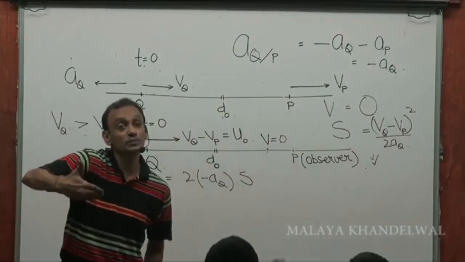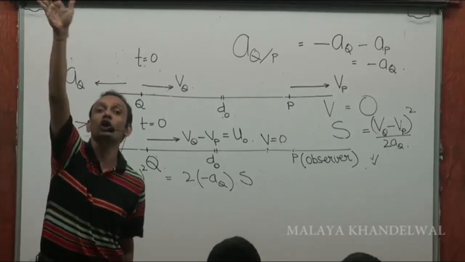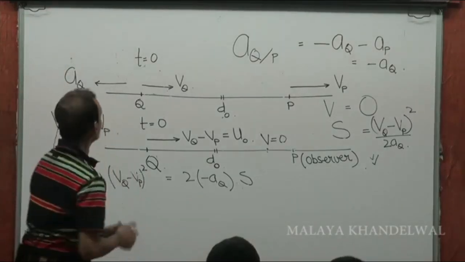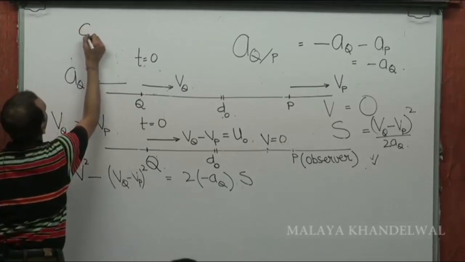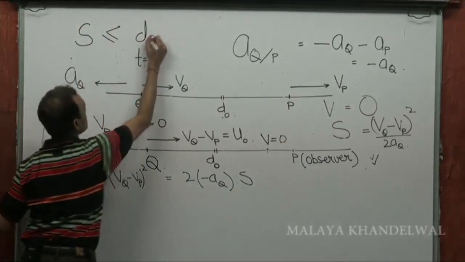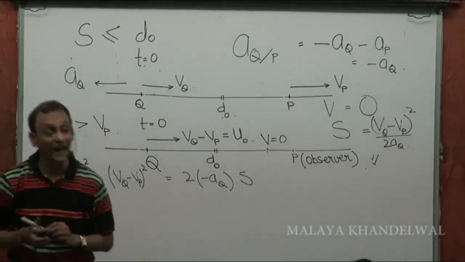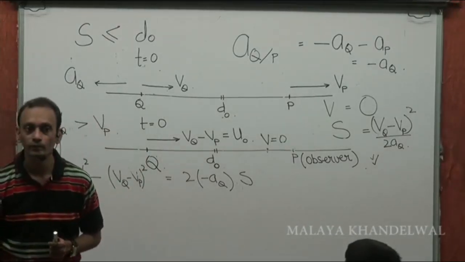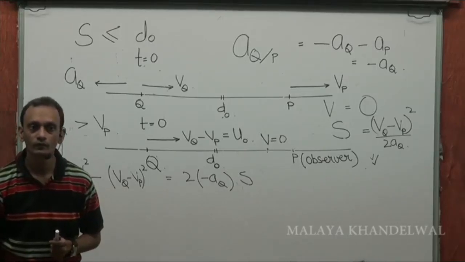That means it reached P with a non-zero velocity, its velocity became 0 later on. Right? So to avoid collision, what is required? S must be less than or equal to d naught, where S is the displacement of Q by the time its velocity becomes 0. Yes or no?